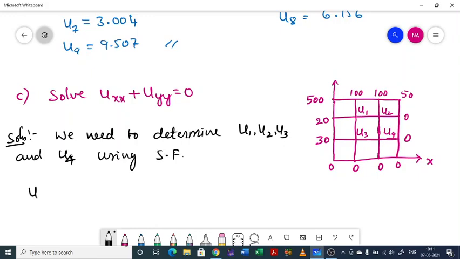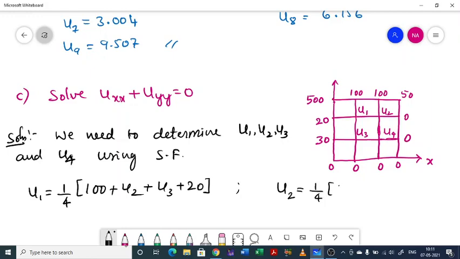Now we have u1 equal to the average of 100 plus u2 plus u3 plus 20, 1 by 4 times of 100 plus u2 plus u3 plus 20. So next u2 equal to, that will be 1 by 4 times of u1 plus 0 plus 100 plus u4.